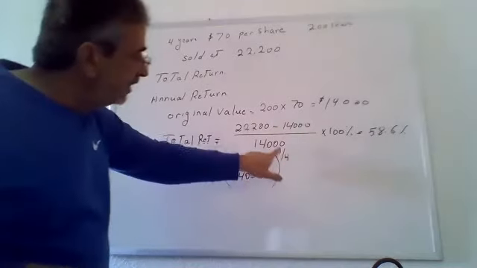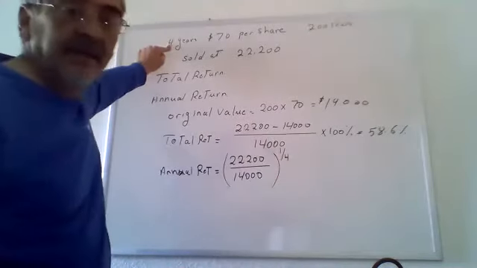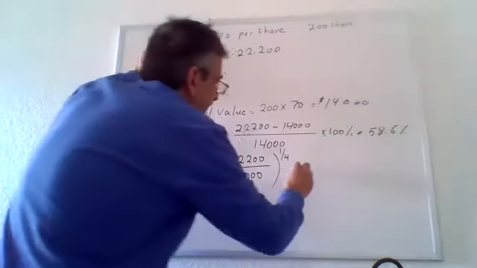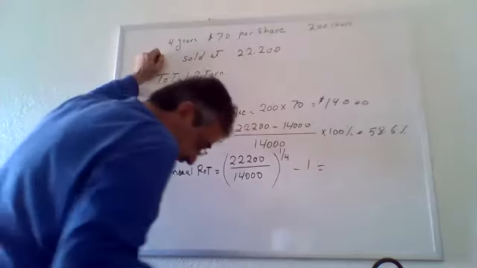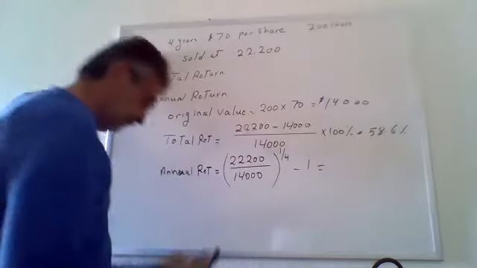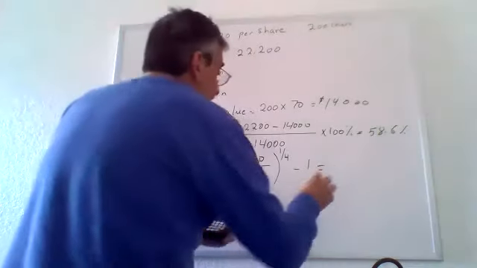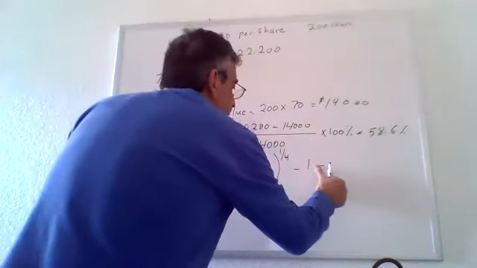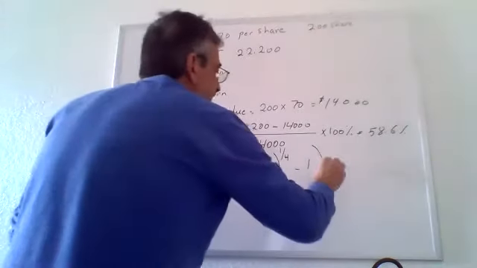Now notice the 1/4 is how many years we had the stock, minus 1. Since I'm looking for a percentage, let's multiply all of these times 100%.